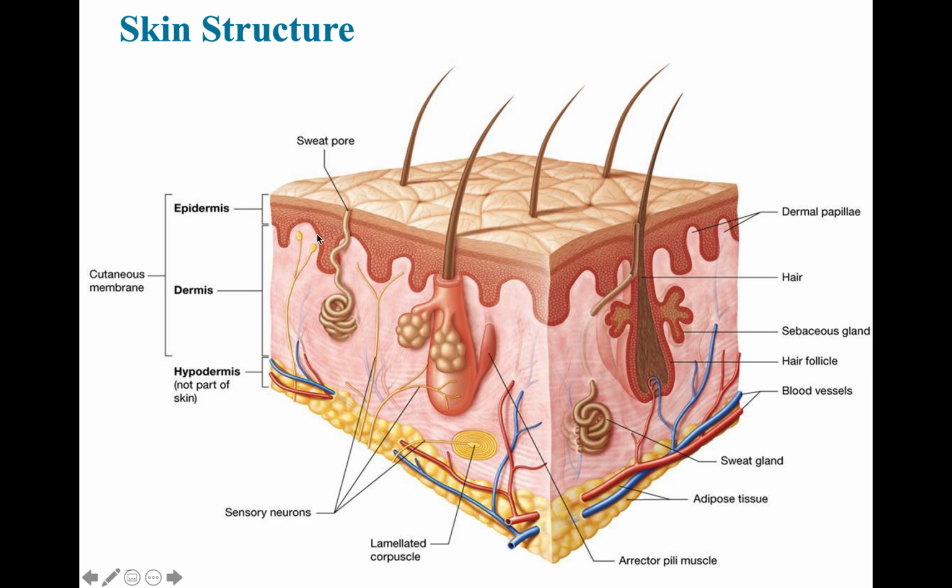We see these dermal papillae that kind of project up into the epidermis. These folds between the epidermis and the dermis provide more surface area. More surface area means more diffusion of nutrients from the blood vessels that will be located here in the dermis up to the epidermal cells, all right? And we'll talk more about that later.